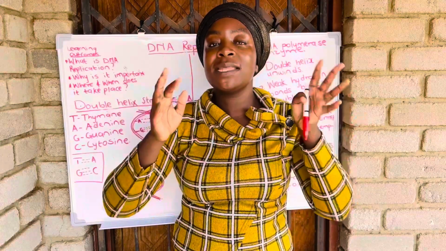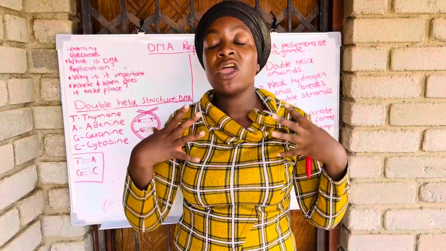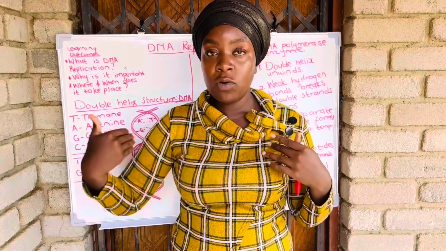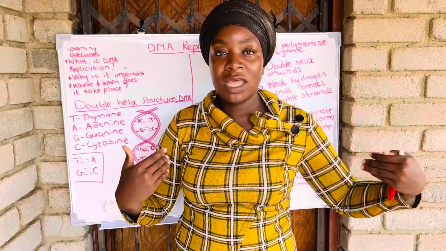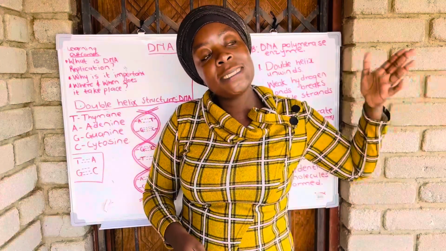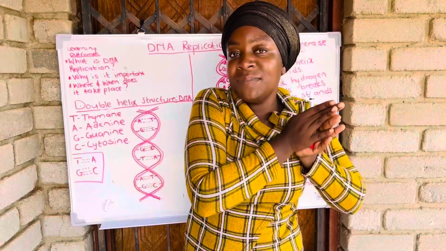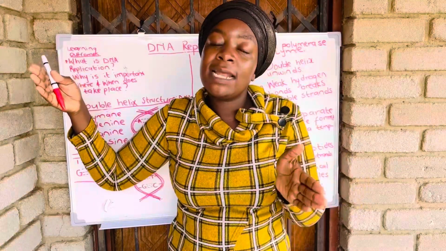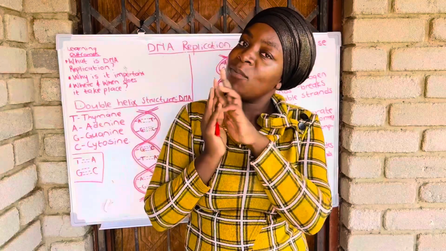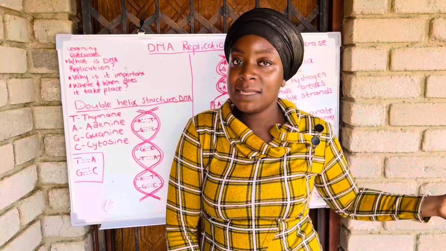When they split, we say weak hydrogen bonds, they break and then they unzip. So if I unzip, the other half will go to the other side, the other half will go to the other side. In order for me to be complete, on my left side, I need the right side to complete me. On the right, I need the left side to complete me. And then you end up with two life sciences teachers. Wouldn't that be amazing? It would be amazing.